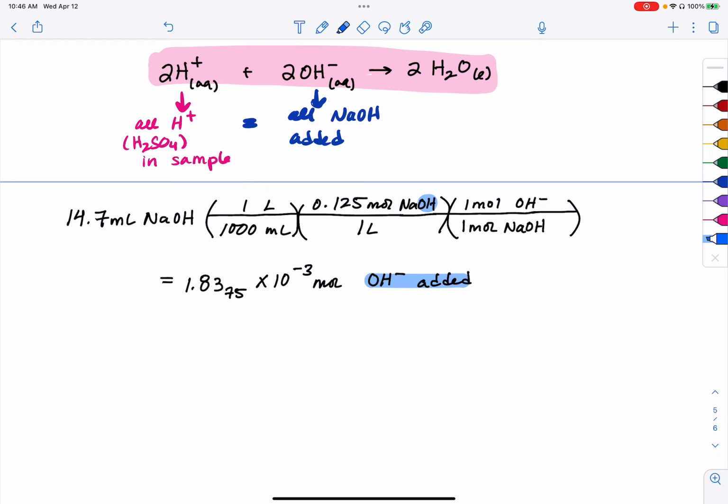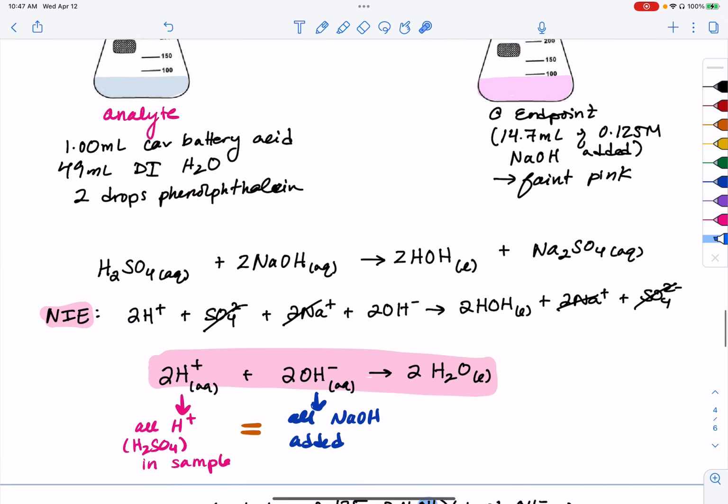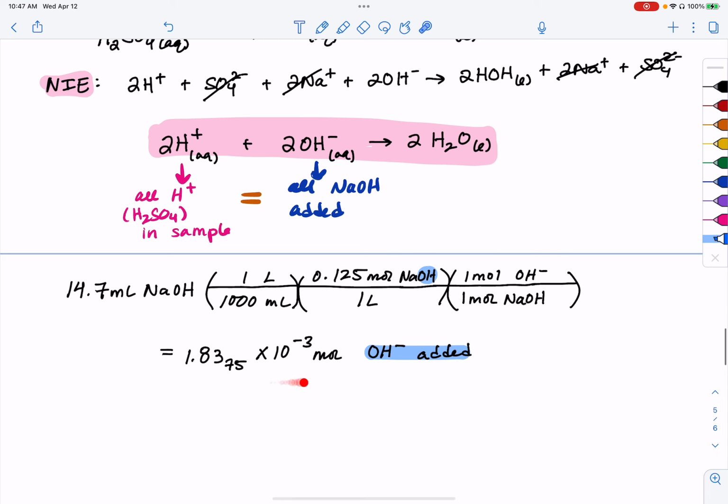All right, now at equivalence, by definition, which is more or less what we're witnessing at the end point, at least in Chem 210, that's okay enough to say, we know that we have added this many hydroxide particles because there were in our original flask this many moles of H+.